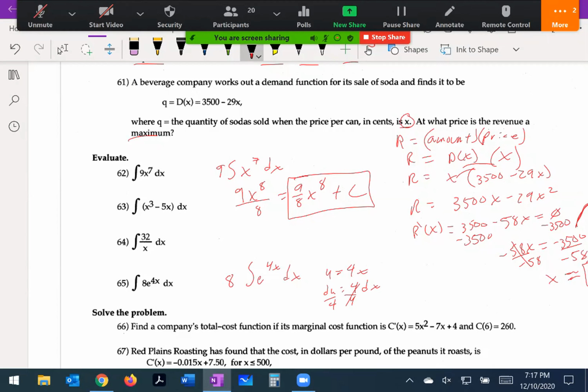So this is going to be 8 times the integral of e to the u du over 4. I could cancel the 8 and the 4, and I'd be left with 2. So 2 times the integral of e to the u is just e to the u. This is 2 e to the u plus c, which is just 2 e to the 4x plus c.